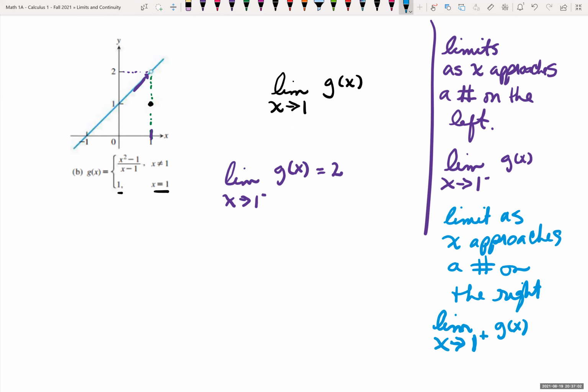And that's how we would write that piece. So I want to do the same thing. I want to look at the limit as x is approaching this number up here, 1, but I want to see what's going on as I'm coming in on the right hand side. So is it still coming into that same y value? Even though there's an open circle here and I'm not getting back that 2 value, I'm getting really, really close to that 2 value as I get closer and closer to 1.